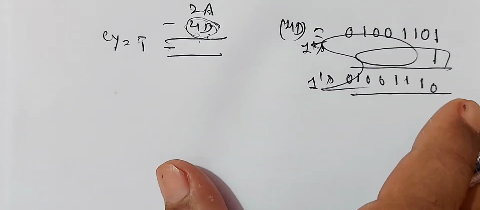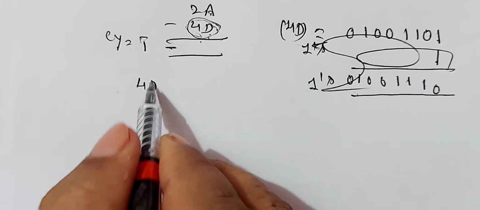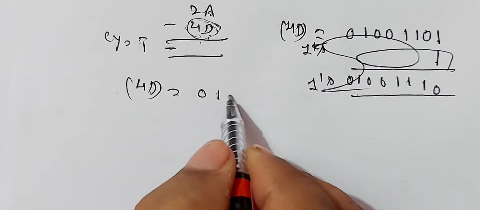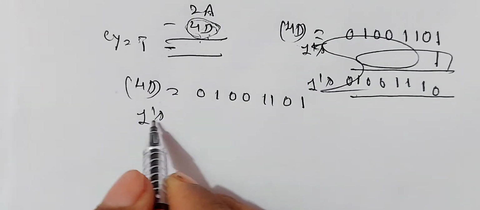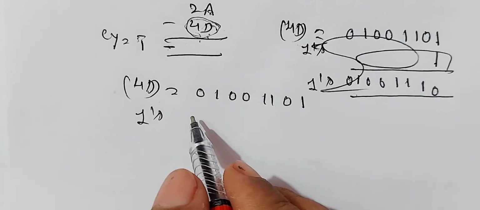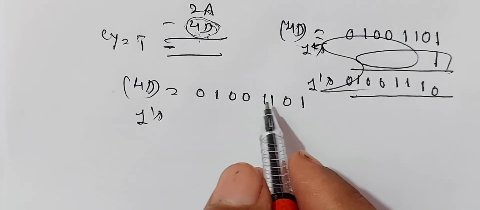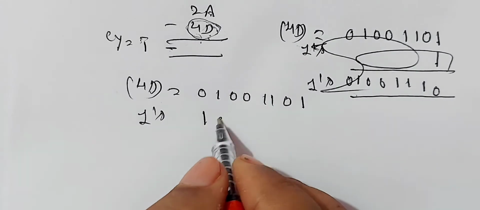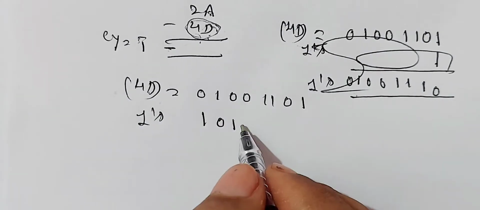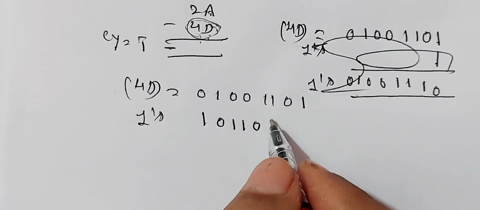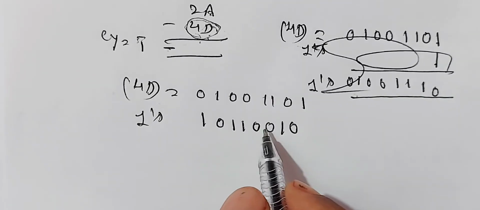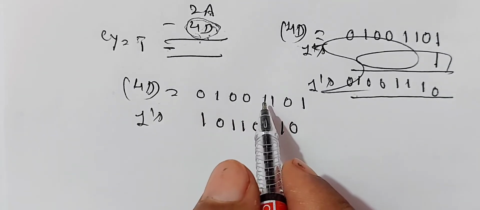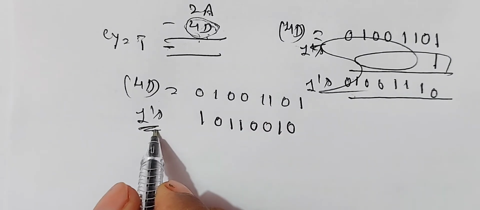First make the 1's complement of 4D. 4D is given by 0, 1, 0, 0, 1, 1, 0, 1. Take the 1's complement. 1's complement is nothing but complementing each digit. 0 goes to 1, 1 goes to 0, 0 goes to 1, 0 goes to 1, 1 goes to 0, 1 goes to 0, 0 goes to 1, 1 goes to 0. By complementing each digit, you are getting 1's complement.